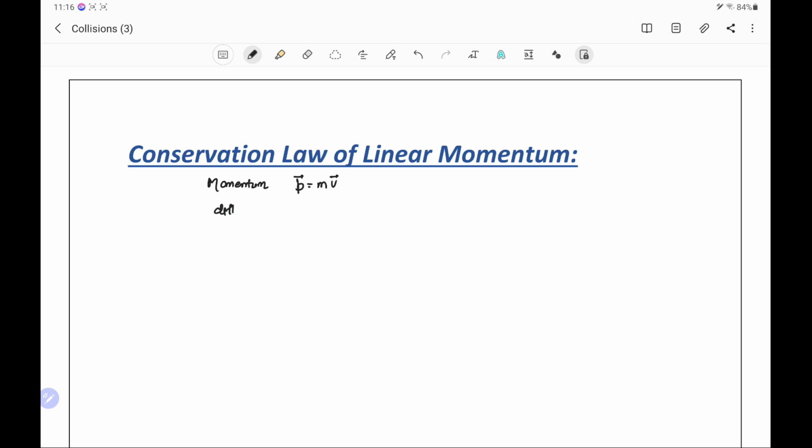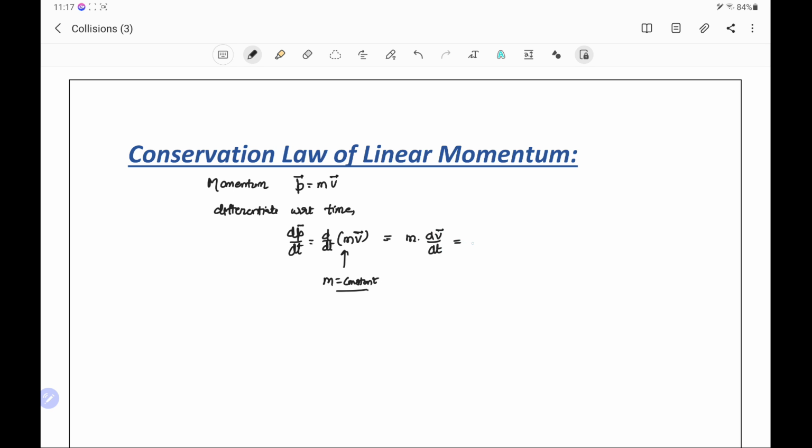If we differentiate momentum with respect to time, then we will have dp by dt equal to a differential of mv. We take the mass as constant here. Maybe mass changes. In that case, we have to differentiate mass also. But for our particular case, we are considering mass is constant. Then we take it out of the differential and it is m dv by dt.